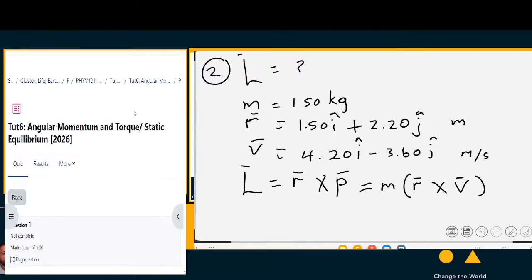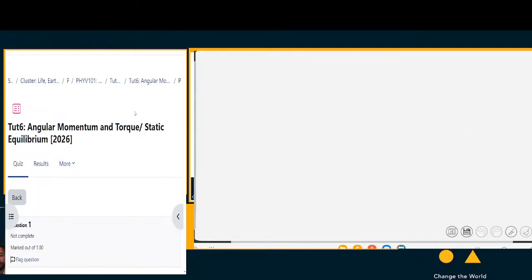So r crossed with v, I hope you note this down. Let's first calculate r cross v, and then we'll multiply the mass in, and that will give us the angular momentum. We'll use the determinant method. We have i and j, and here we have the vector for r.